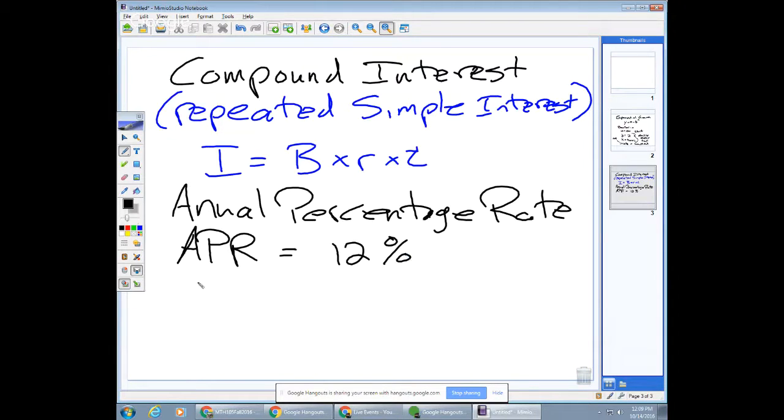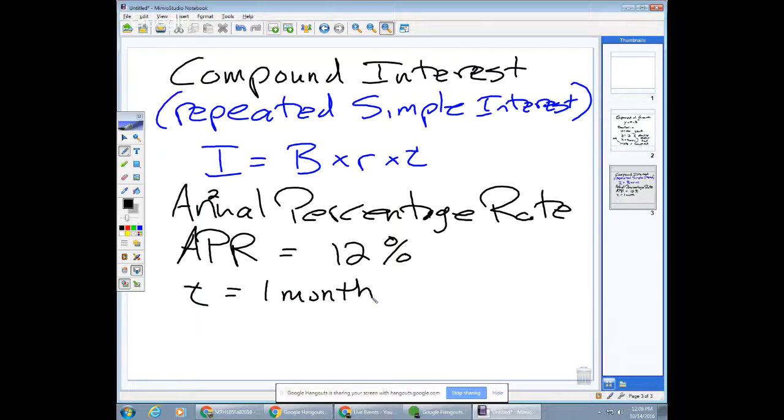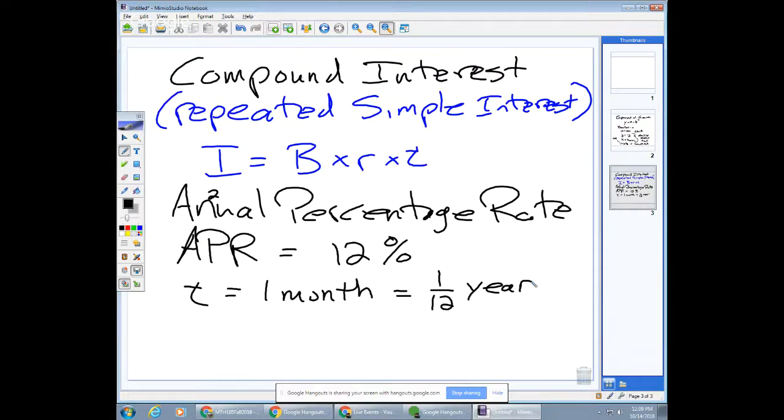And then for time, since I'm talking about an annual rate, that means time has to be measured in years. So let's say 1 month went by. Again, the rate was given as a yearly rate, so I have to consider 1 month to be 1/12 of a year. So the time unit of the rate has to match how you count time in the problem.